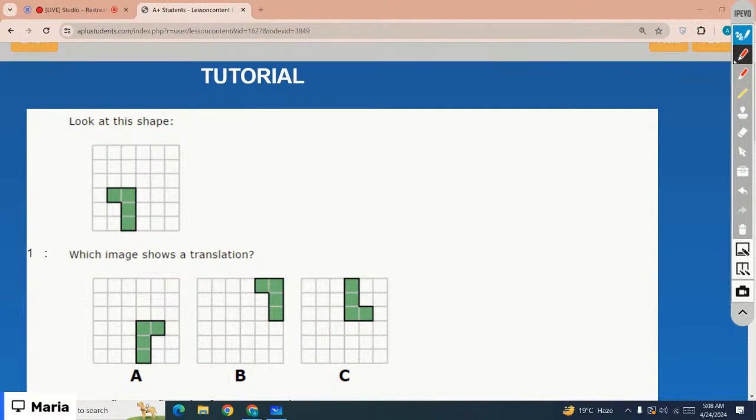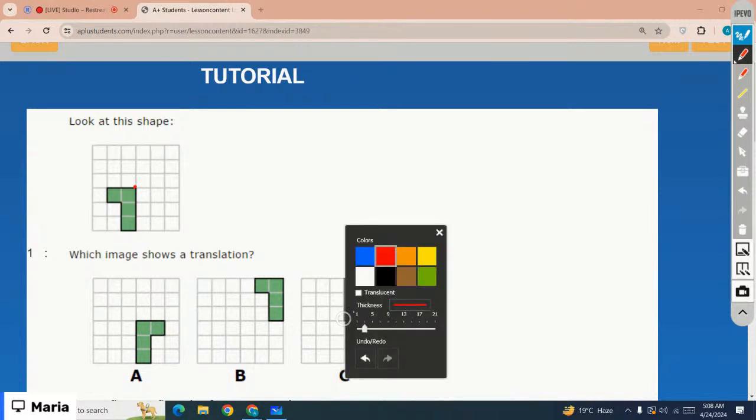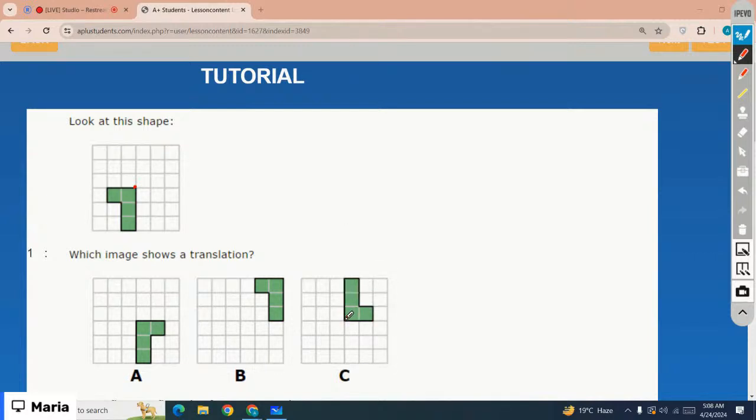Look at C. This point and this point are exactly the same, so you rotated the image along the point. That is the rotation. This is the reflection. This is the rotation along the point. And for this one, you moved the whole image to a new point. That is the translation.